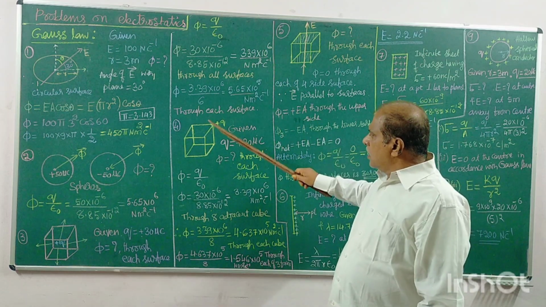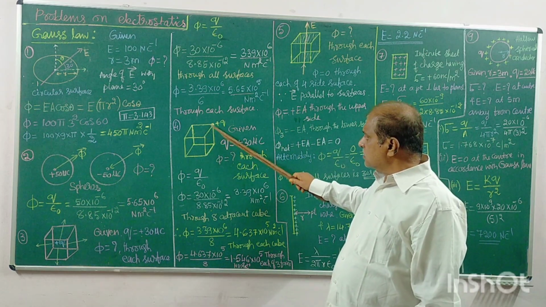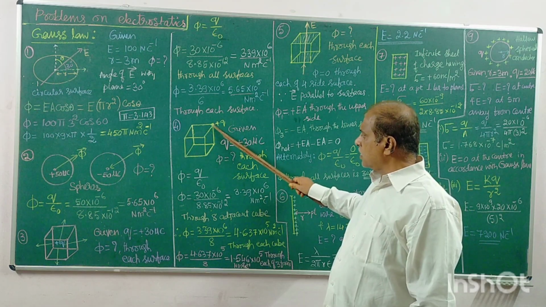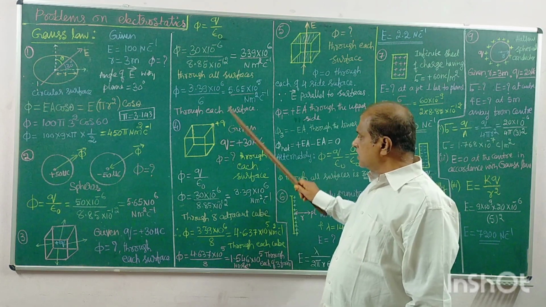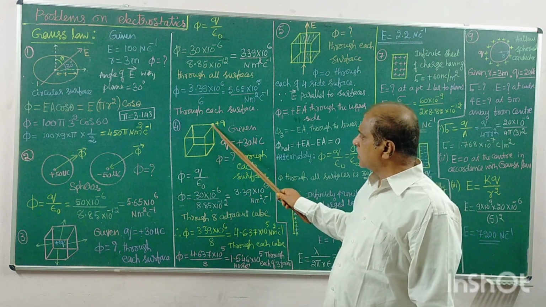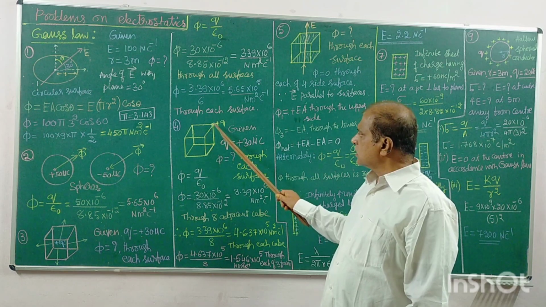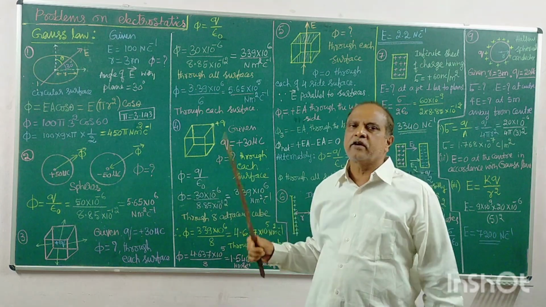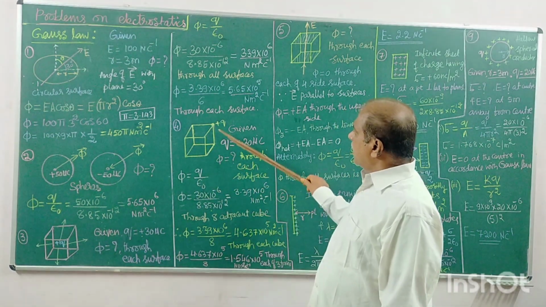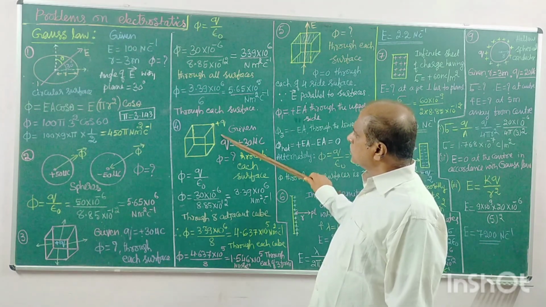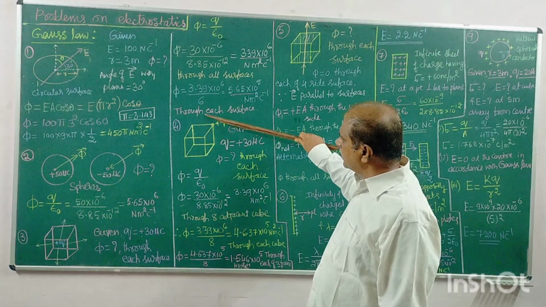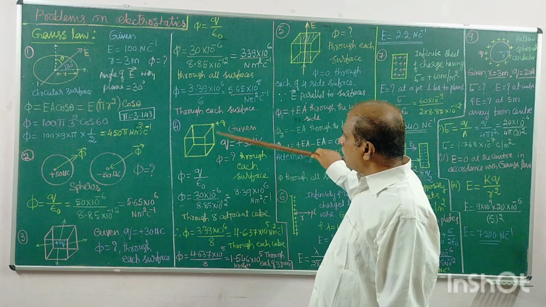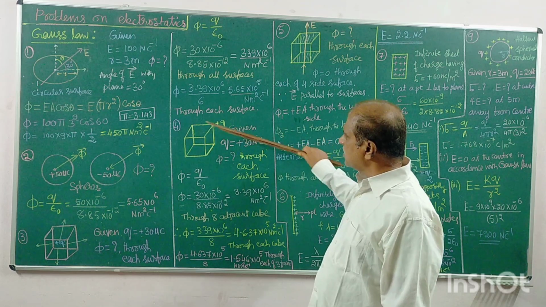Look at this. This charge is not inside, it is at the corner. If we take this corner, this charge actually belongs to 8 adjacent cubes like this. Each corner of the cube is equally shared between the adjacent 8 cubes: 1 cube behind this, 1 cube beside this, and 1 more beside this, and 4 more above, in a similar fashion.